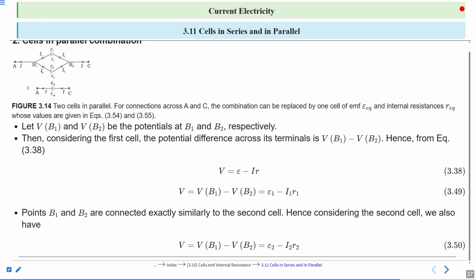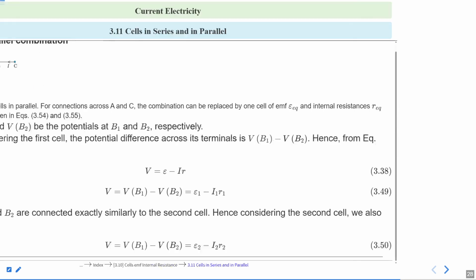These both cells are connected across the same points B1 and B2, so the potential difference across them will be VB1 minus VB2, equal to, across the second cell, epsilon 2 minus I2 R2. Put it as equation 3.50.